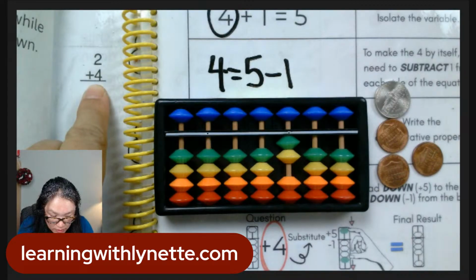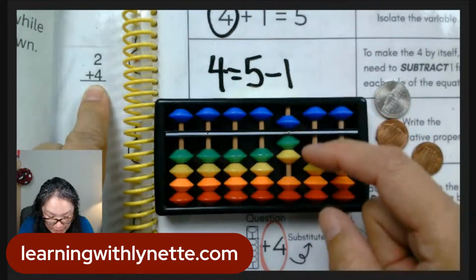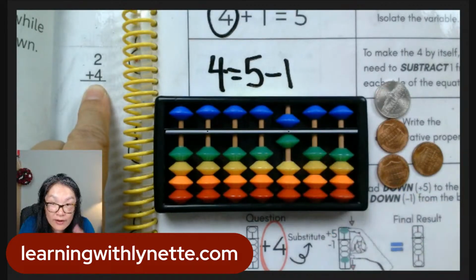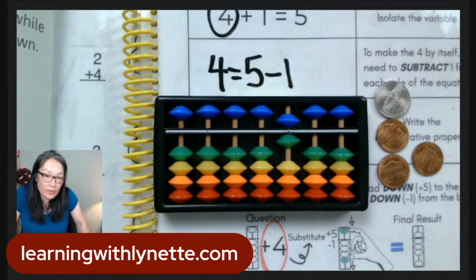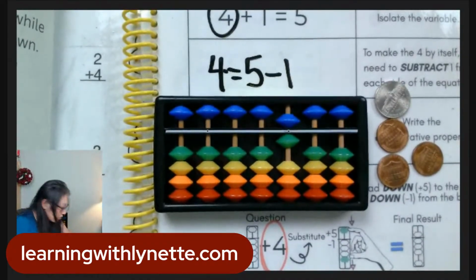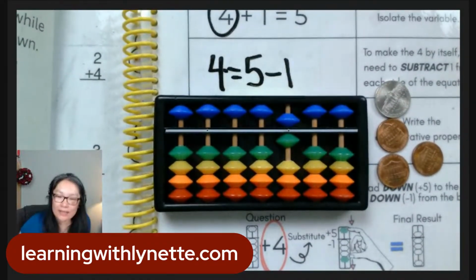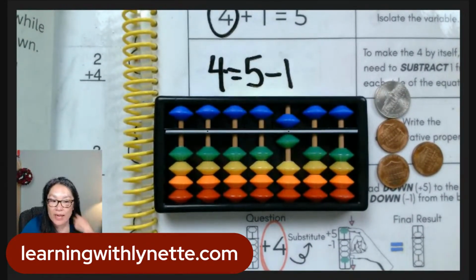To plus the 4, I need to plus the 5 minus the 1. And my final answer is 6. Does that make sense? I'm using the abacus to help me calculate, to visualize the numbers that we have.